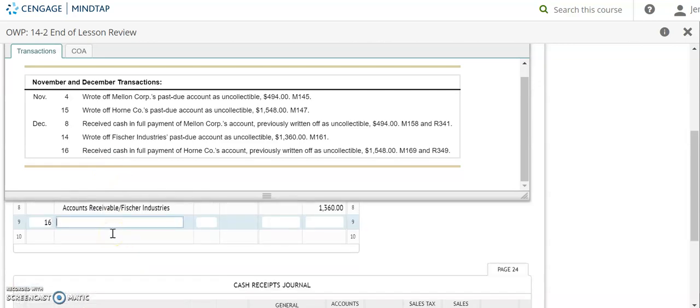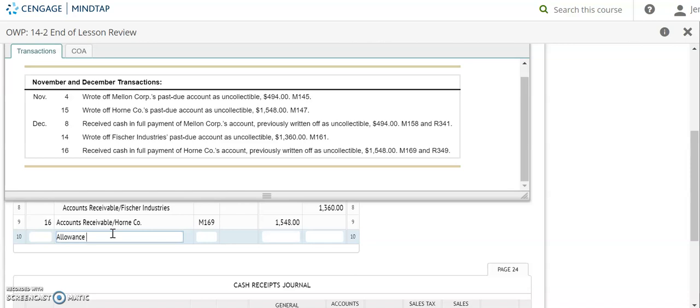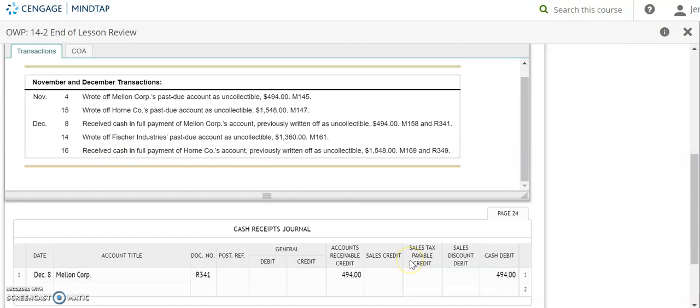So I'm going to debit accounts receivable Horn Company, using memorandum 169, debiting for 1,548, and then I'll credit allowance for uncollectible accounts. I'm putting that money back into that allowance account and credit 1,548.